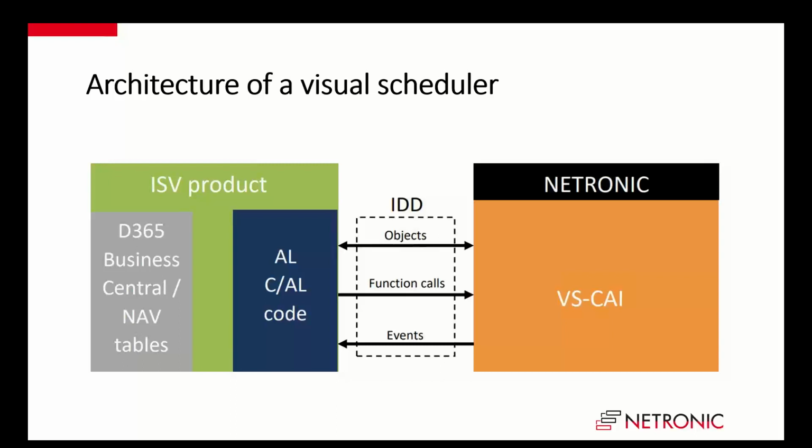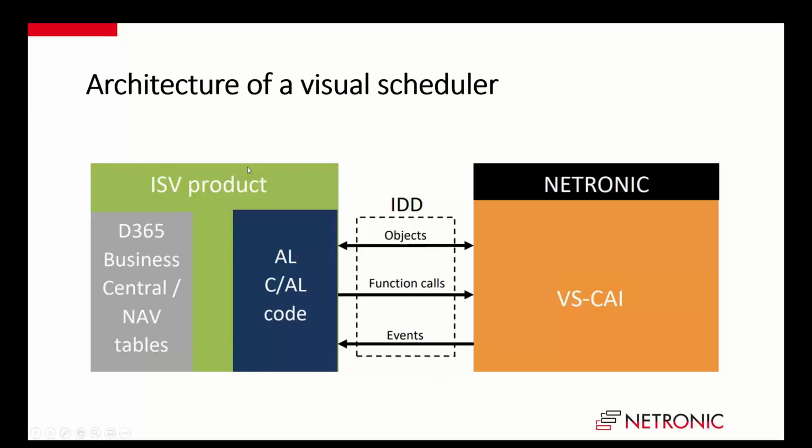To give you a picture of this, what I'm showing here on the left side is probably your part. You as an ISV who would like to develop a product and make use of a graphical planning board are responsible for the left side.